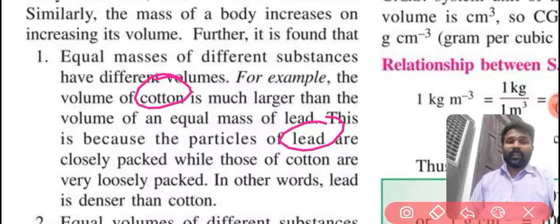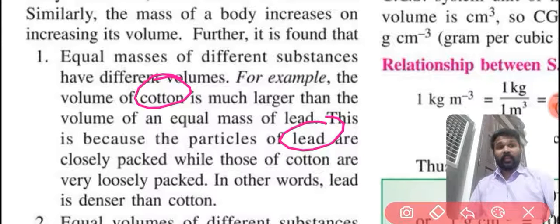The molecules in lead are arranged very closely and in cotton a little farther apart. That's why the volume of cotton is much larger than the volume of an equal mass of lead. In other words, we can say that lead is denser than cotton.